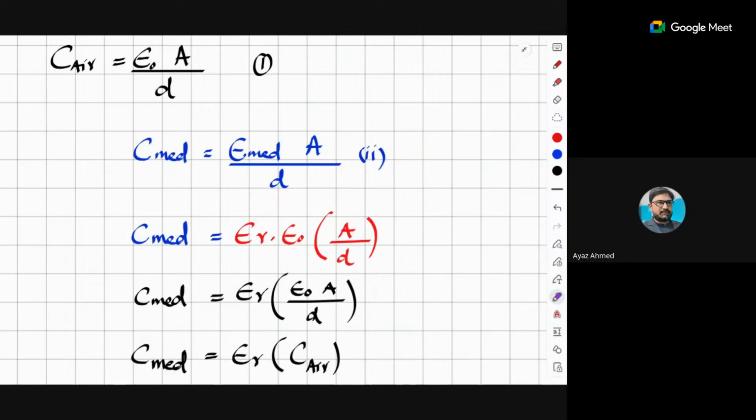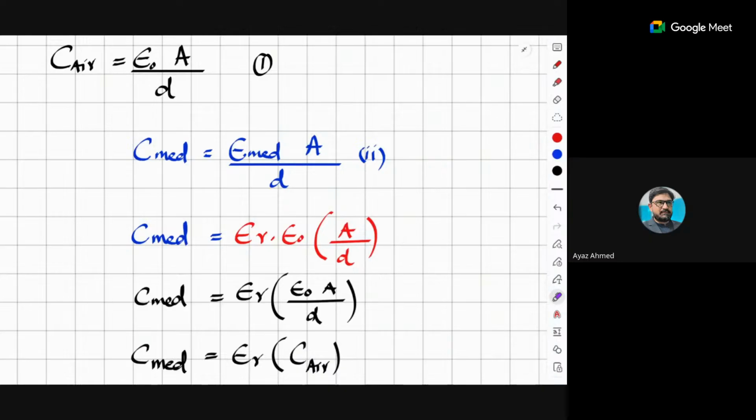Is this clear to everyone? Hamzala, Zoya, is it clear to all of you? Yes, sir. Okay. So this is basically the capacitance in the presence of air.